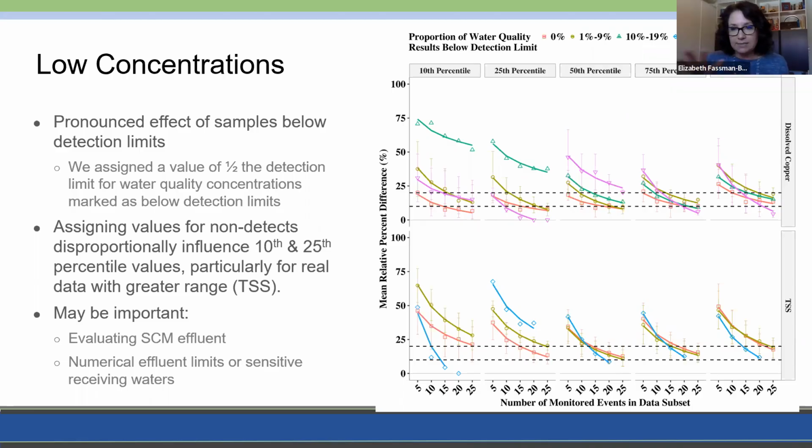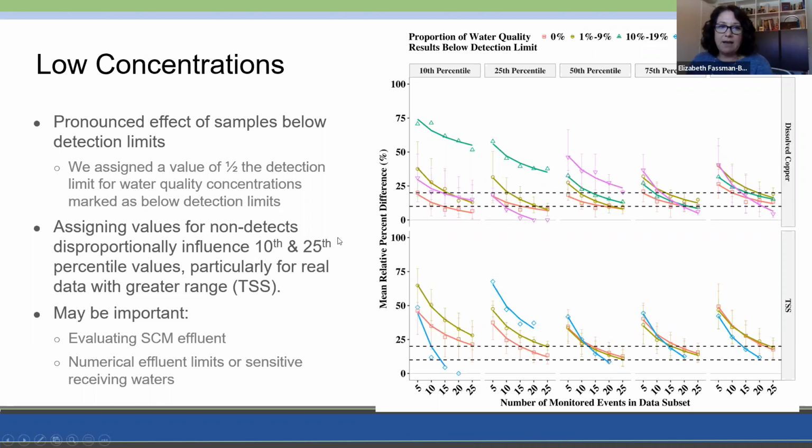We adopted for this analysis the convention used in the International Stormwater BMP database, and we applied it to the 2 data sets that we also borrowed from the National Stormwater Quality Database. That assumption is that where a sample is reported as being below a detection limit, we use the value of half the detection limit. So we had to substitute a value for a missing value.